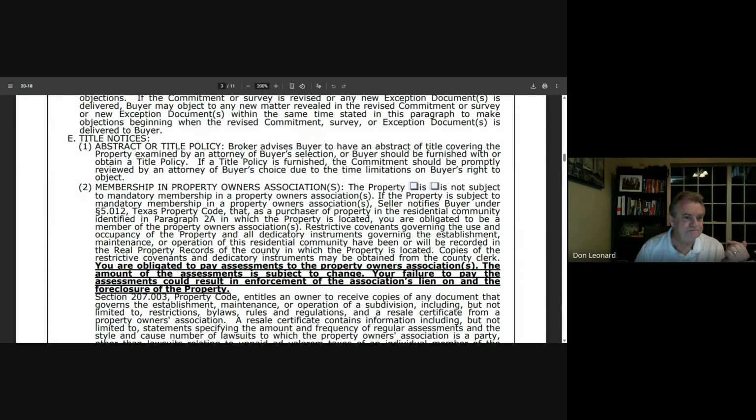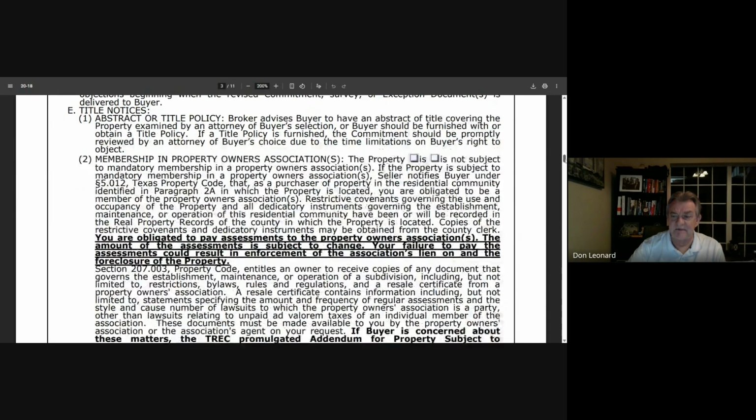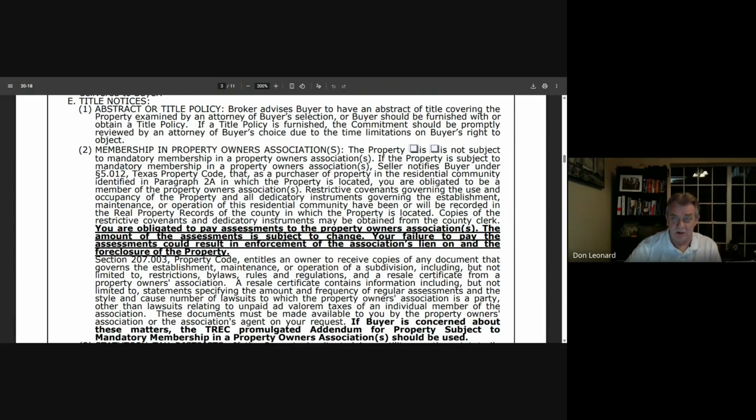Just so you know. Second one talks about HOA, property owner association, whether or not the property is actually located in a subdivision where there is mandatory membership in the association, which is the vast majority of them. And then, of course, it also just goes into information regarding the fact that the HOA most likely is going to have a fee, and you're going to have to pay that fee. It's a mandatory fee.